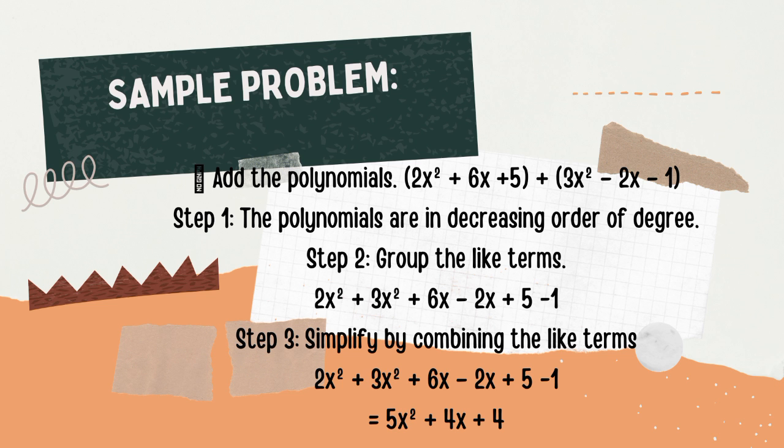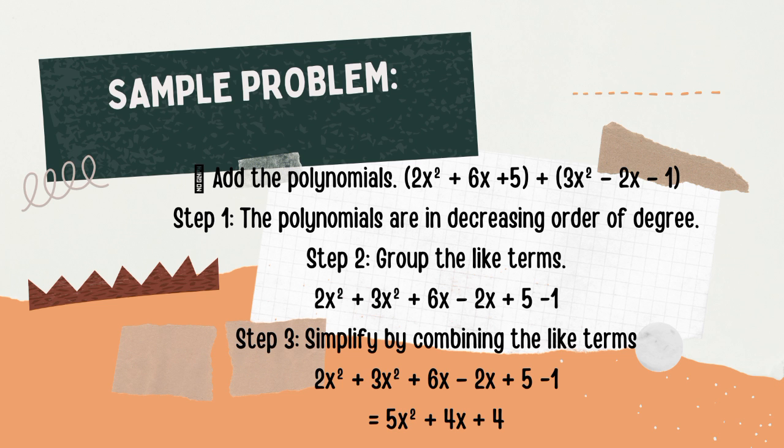Then step 2 is to group the like terms. The like terms are 2x squared and 3x squared, then 6x and minus 2x, and then the constant 5 and the negative 1. So we simplify by combining the like terms. 2x squared plus 3x squared equals 5x squared, and then 6x minus 2x is 4x, and then 5 minus 1 is 4.